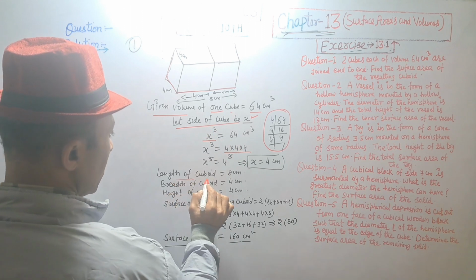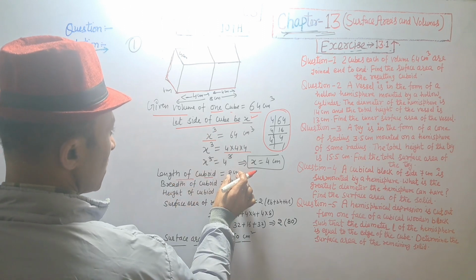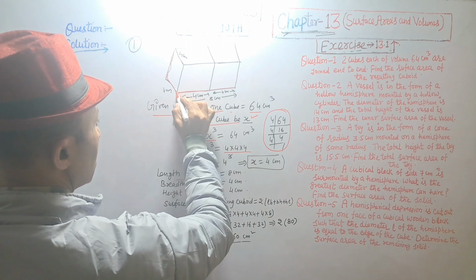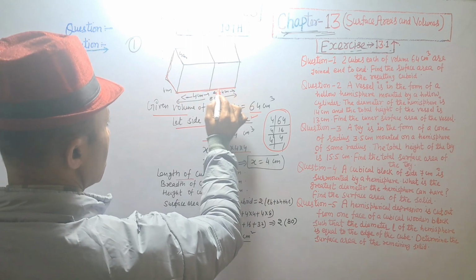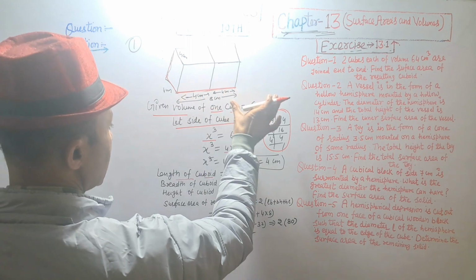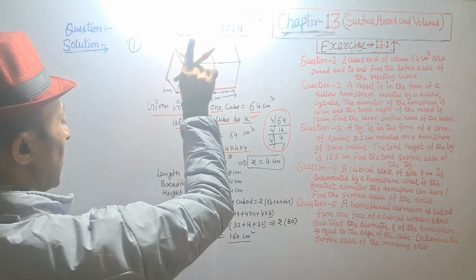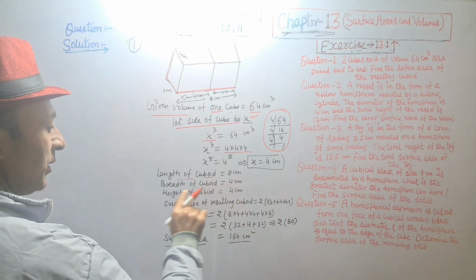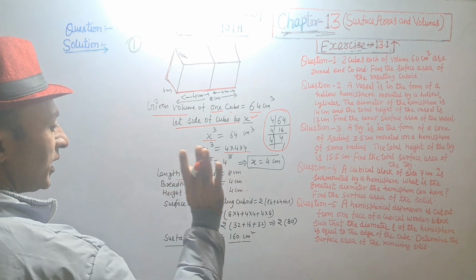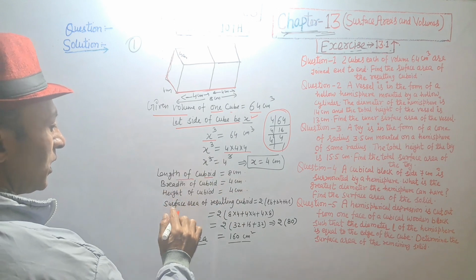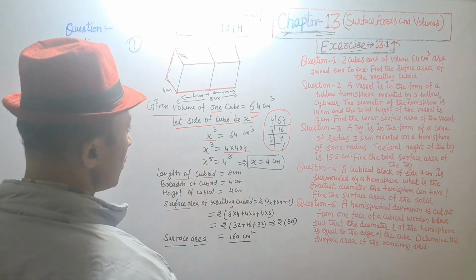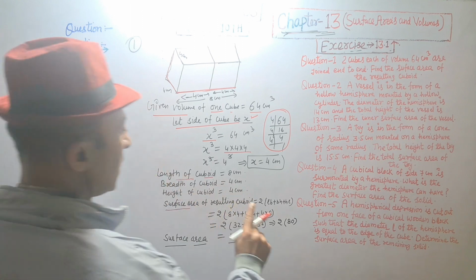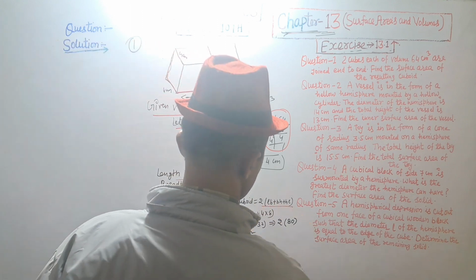Length of cuboid is equal to 8 centimeter, breadth and height is same, that is 4 centimeter. Surface area of resulting cuboid is equal to 2 into LB plus BH plus HL.